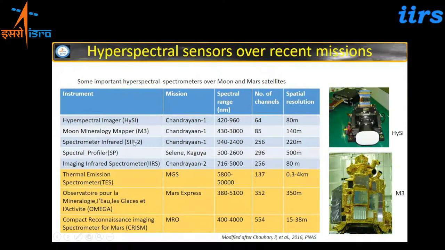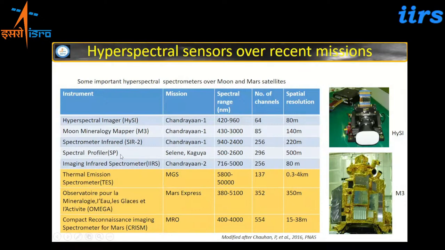Then Moon Mineralogy Mapper, having a spectral range of 430 to 3000 nanometer with about 85 channels and a spatial resolution of 140 meter. Then the Spectrometer Infrared from Munich, SIR-2, also on board Chandrayaan-1, having a spectral range of 940 to 2400 nanometer, and 256 bands with a spatial resolution of 220 meter.